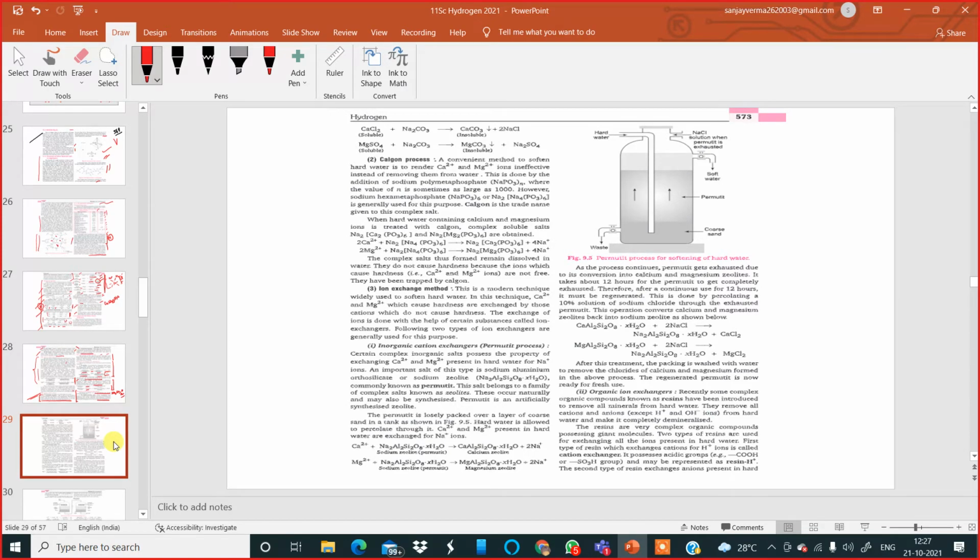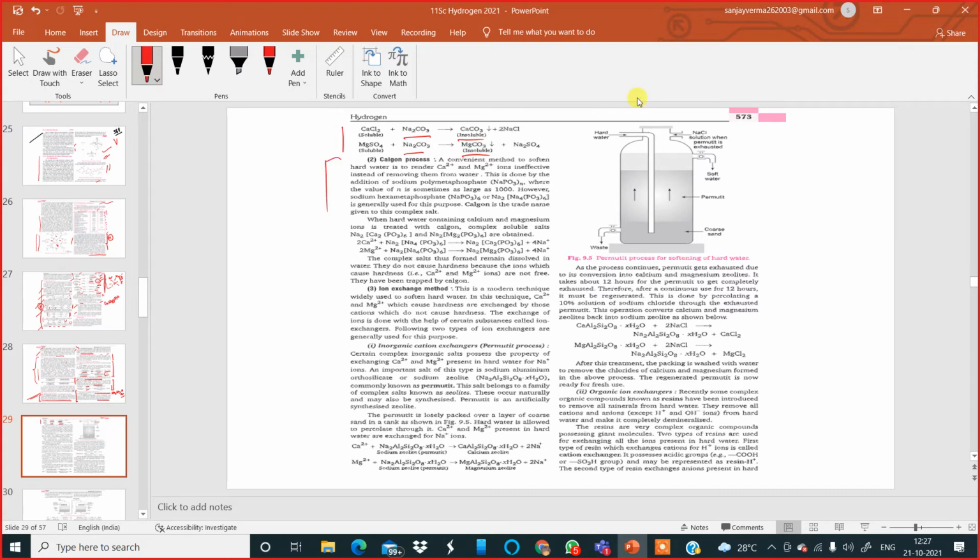So when we are using washing soda to remove hardness of water, it is the removal of permanent hardness in water. Okay, now after that, the equation you can see over here: calcium chloride and the sulfate treated with washing soda to make insoluble magnesium and calcium carbonates, which can be filtered.